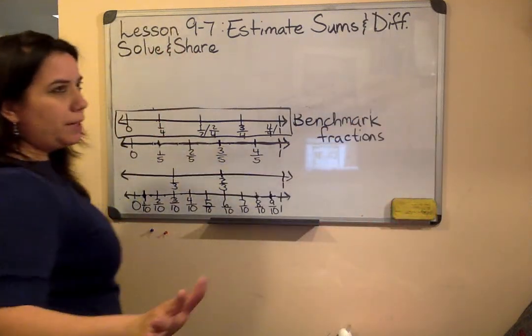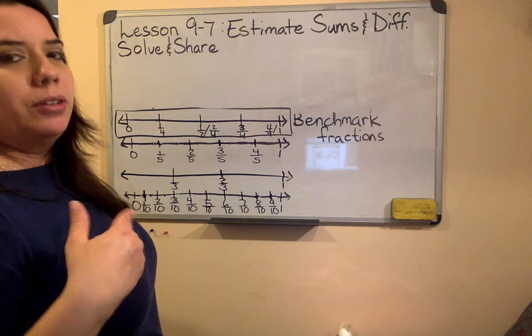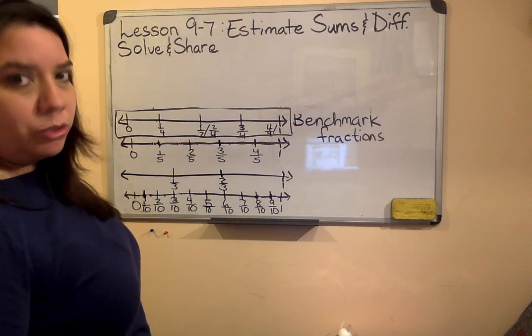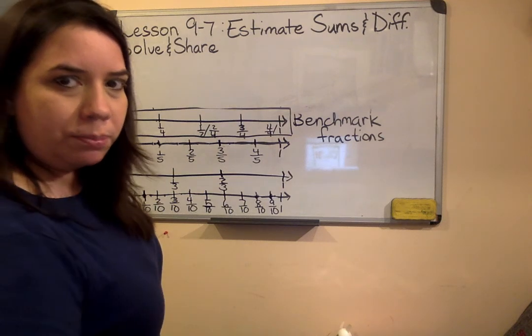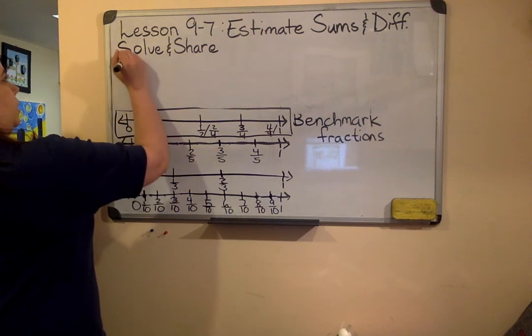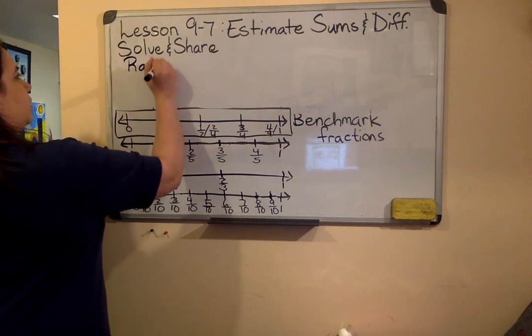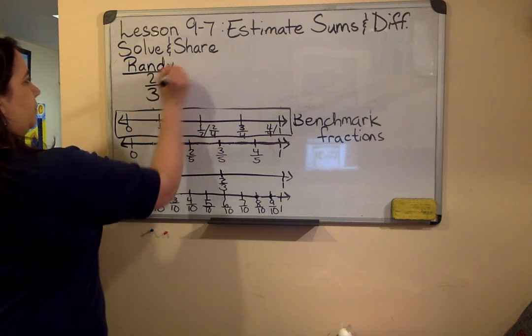I know it's on your page, but I want to explain it. Yo sé que está en la página, pero quiero mostrarlo, okay? So it says here that Randy compró 2/3. So Randy, he bought 2/3. Okay?